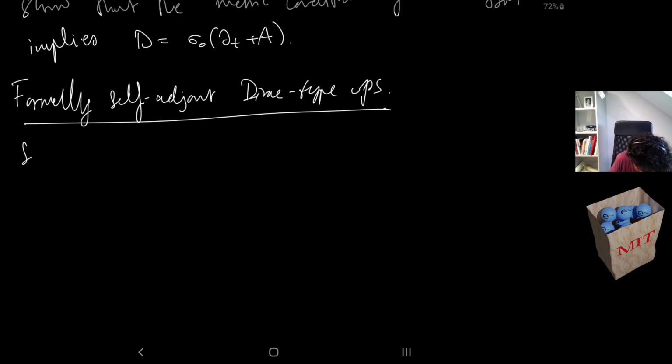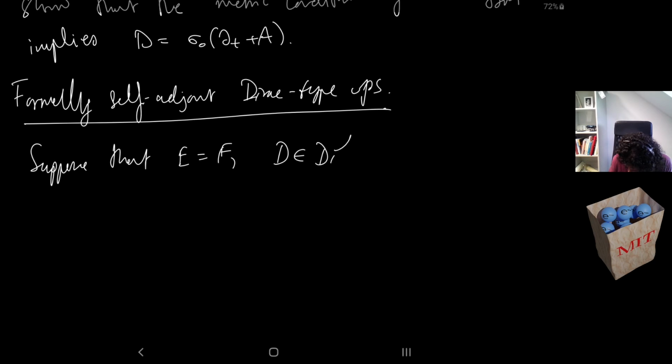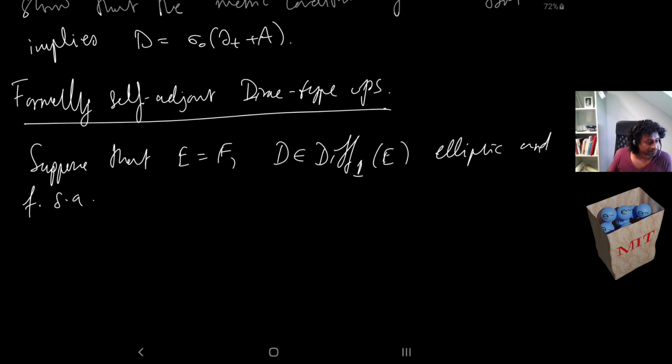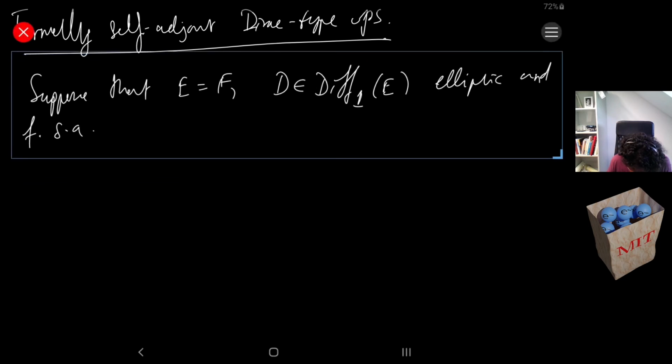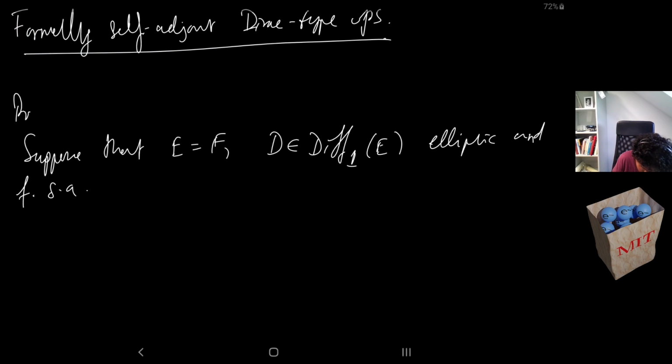Okay, so suppose that E is equal to F, and that D is in Diff^1(E), elliptic and formally self-adjoint. Well, okay, let me make this just a part of the proposition itself. So we'll start with the proposition.